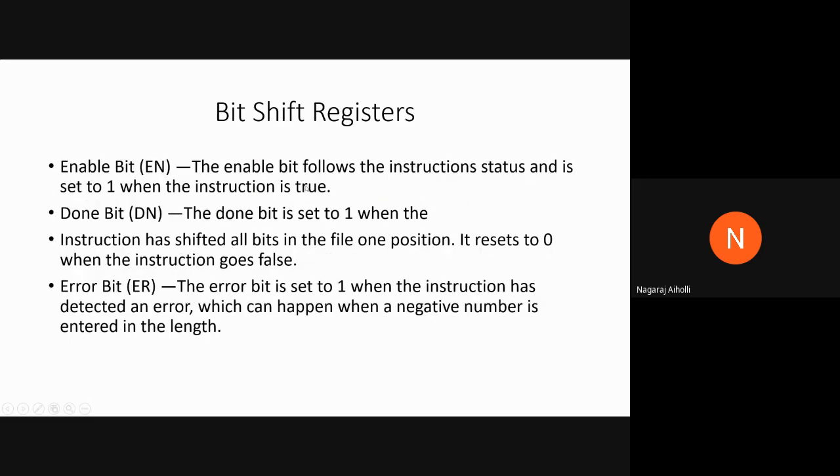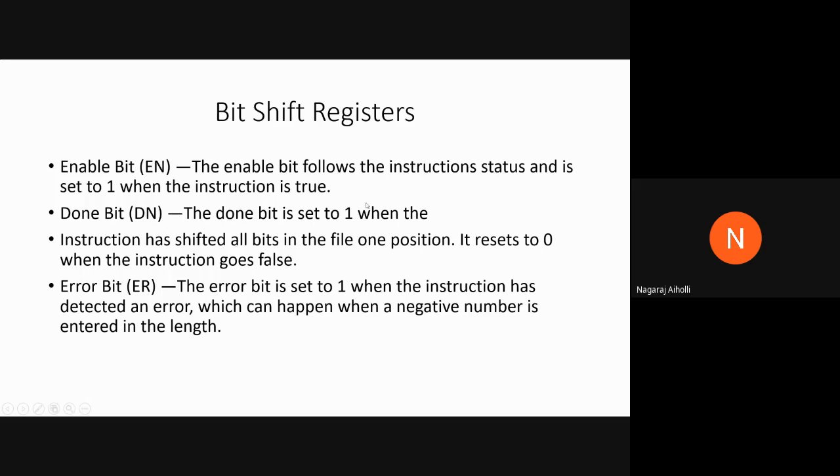Enable bit is used to indicate that the bit shift register is enabled for its operation. Once the shifting operation is completed, the done bit will become high. If you want to shift one more data, then the data which has been shifted should be unloaded first, and then only can we shift new data into that register.